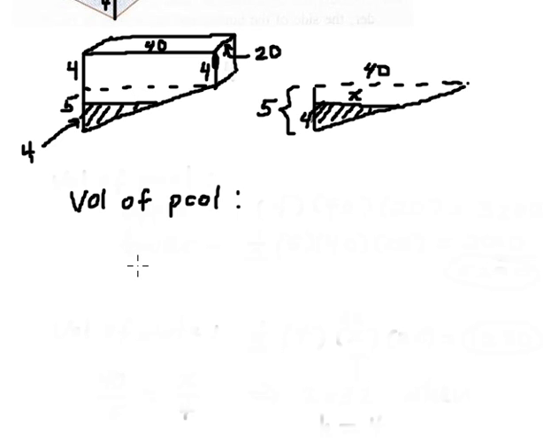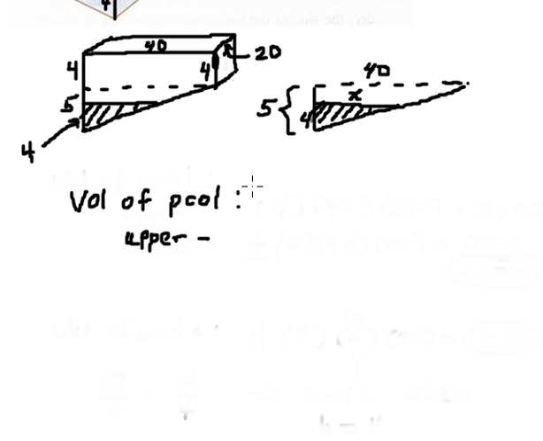Alright, so let's look at the upper part of the swimming pool, that solid rectangle, and we'll just multiply the dimensions. Alright, well, here are the dimensions. The 4 feet here, and if we follow through the dotted line, that's 4 feet, at the other side as well. So the three dimensions are 4 times 40 times 20.